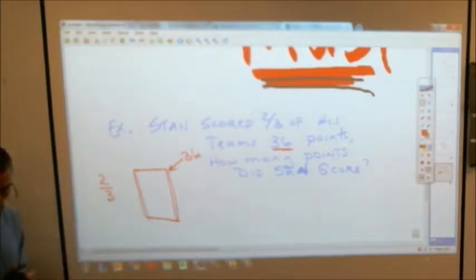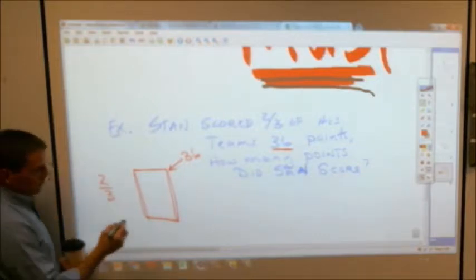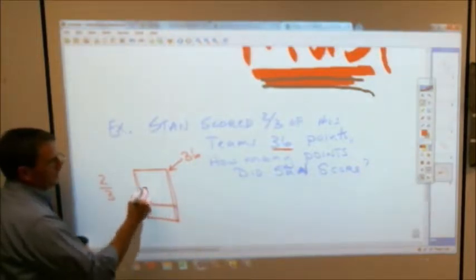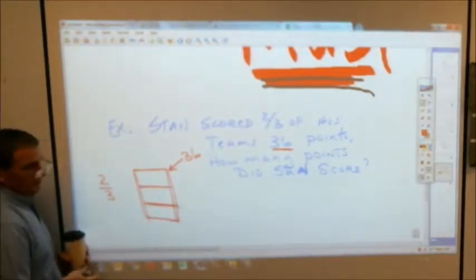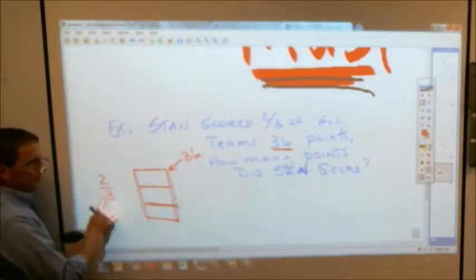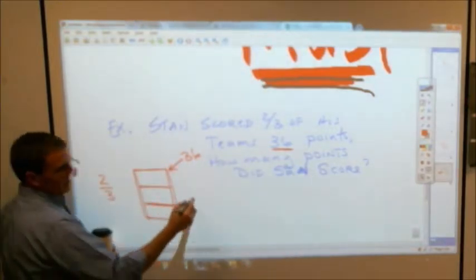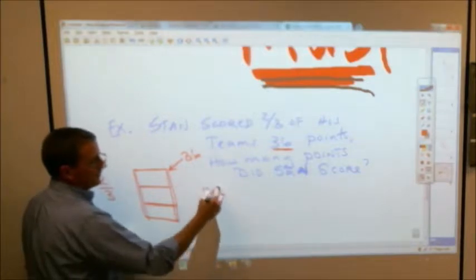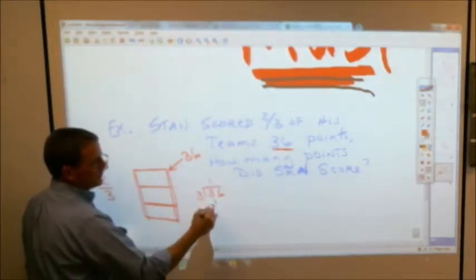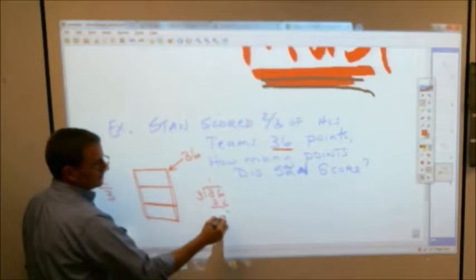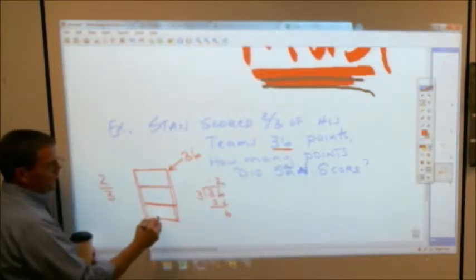So how many equal pieces do I cut my rectangle into? That's what the bottom number tells you. You cut it into 3. And at that point you have to put the number. If you cut 36 into 3 parts, if you don't know what it is, you may have to do the division problem. 36 divided by 3 is 12.